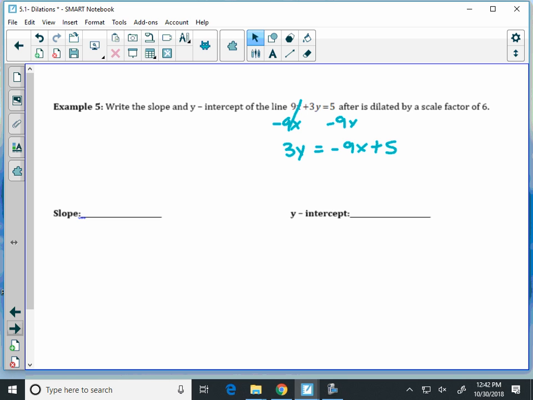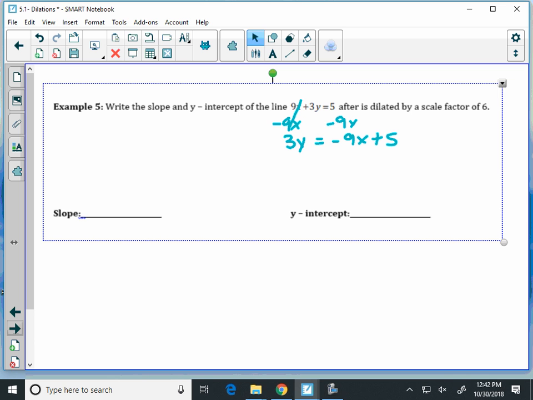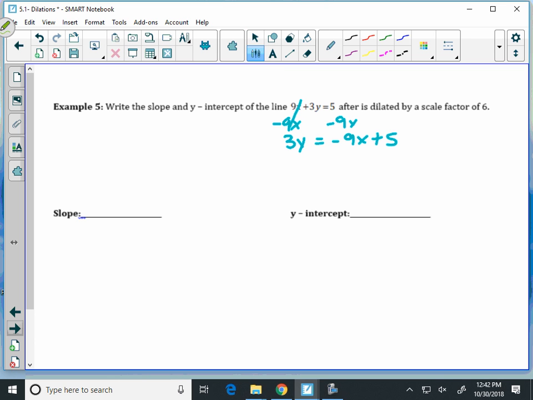Then what do we have to do with the 3 to get y by itself? We have to divide. So when we divide by 3, we get y is equal to, what's negative 9 divided by 3? Negative 3. Is 5 divisible by 3?